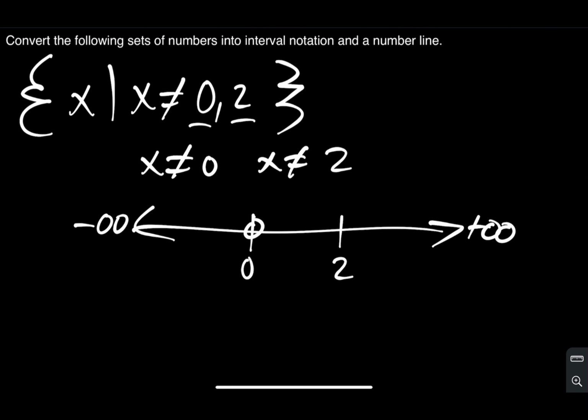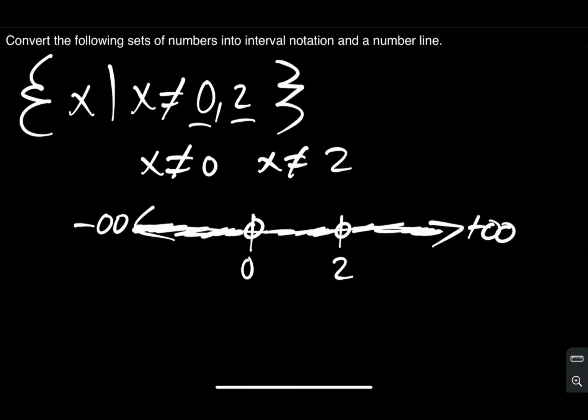X cannot equal 2, so we do the same thing there. Now, all we have to do is shade in our regions. X cannot equal 0 or 2, so it can be any value but 0 or 2. So we shade in the region negative infinity to 0, we shade in the region 0 to 2, and 2 to positive infinity.